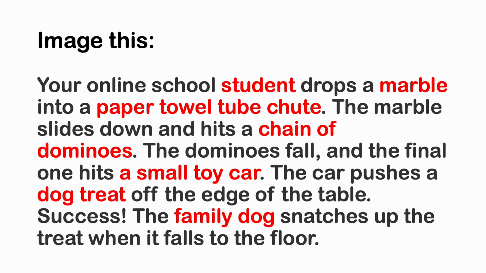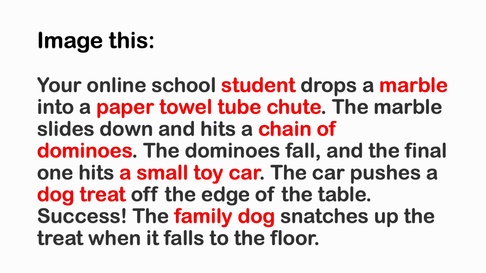If we break the big task into small ones, each individual subtask, for example, the student dropping a marble, is a simple task, right? The marble can roll into the paper towel tube, but the consequence of rolling into the tube is that the marble may eventually hit the dominoes.